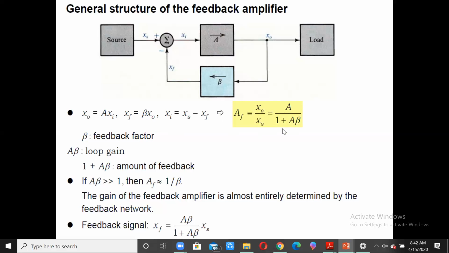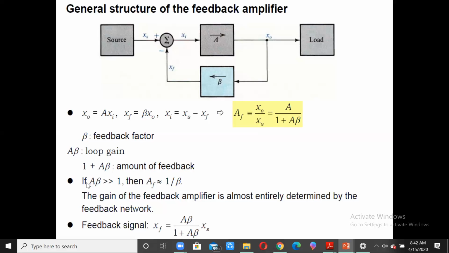Then we get A divided by 1 plus A beta, where beta is the feedback factor, A beta is known as the open loop gain, and 1 plus A beta is the amount of feedback. Sometimes people call A divided by 1 plus A beta the closed loop gain.